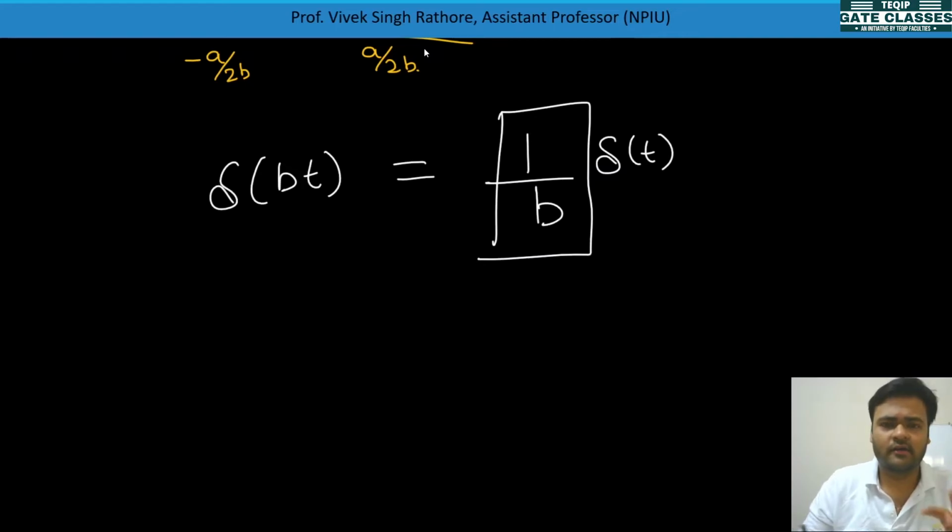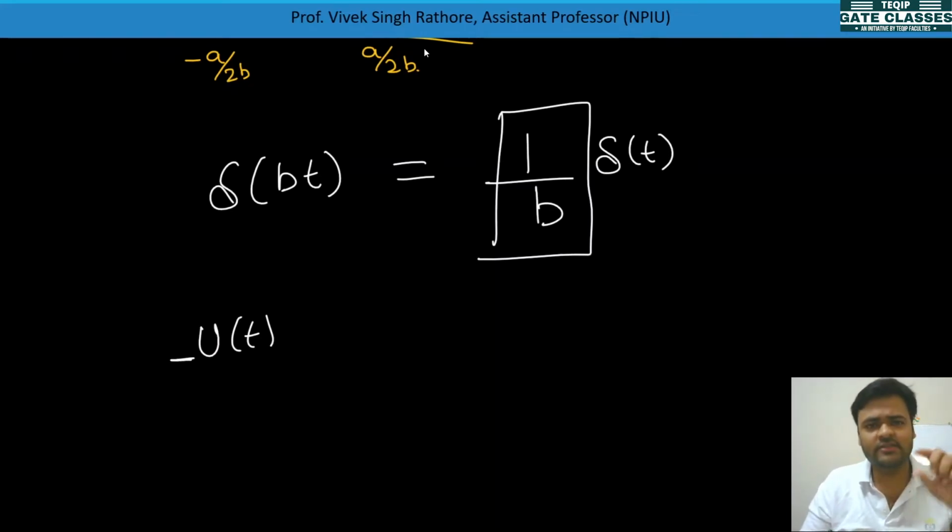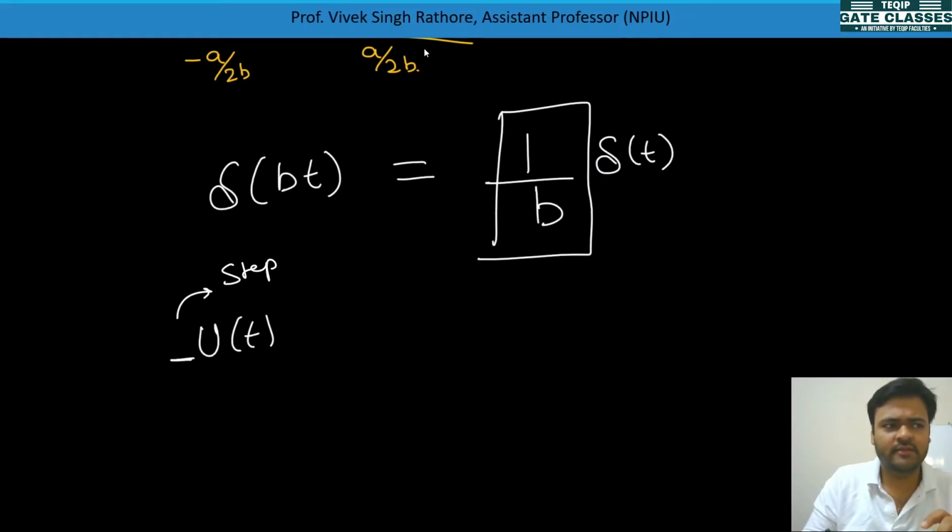I told you earlier also, just be clear. First, the unit step signal: in front of the unit step, whatever the magnitude is, it represents the step change. Whatever magnitude is in front of r(t), that represents the slope change.